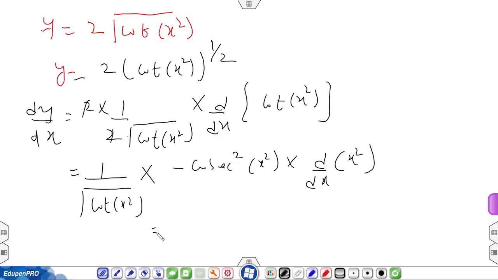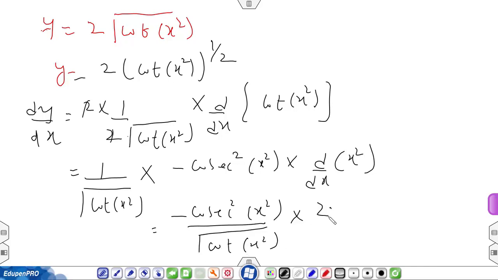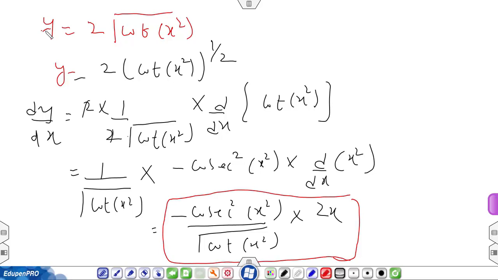So it becomes minus cosecant square x square into 2x. You can further simplify it by changing sign and cos, but here also your answer is correct.